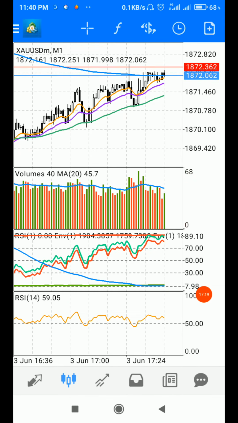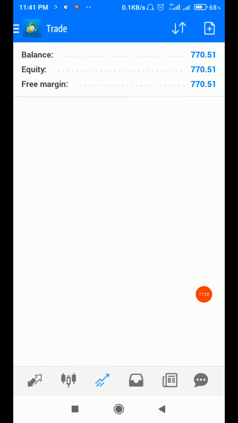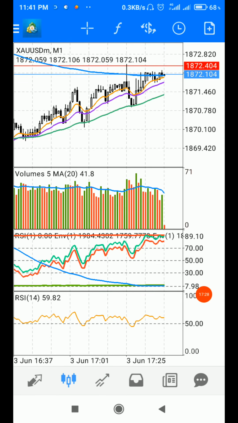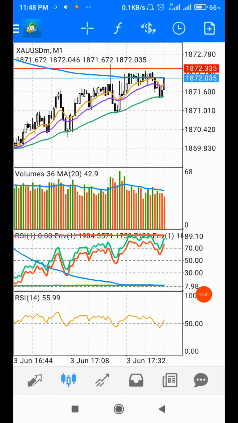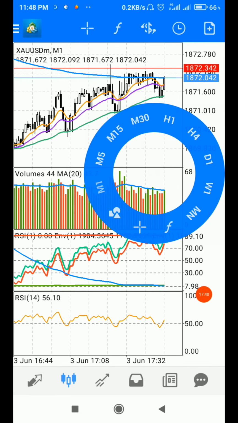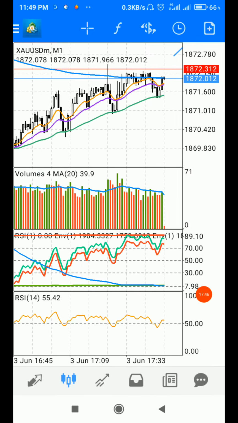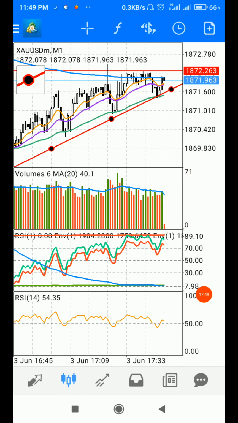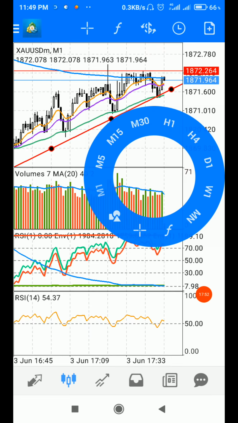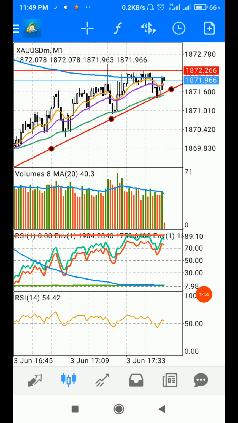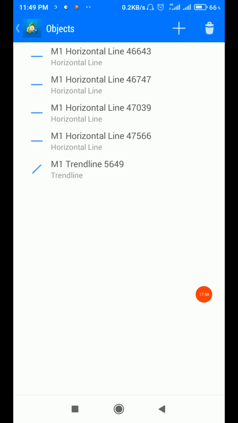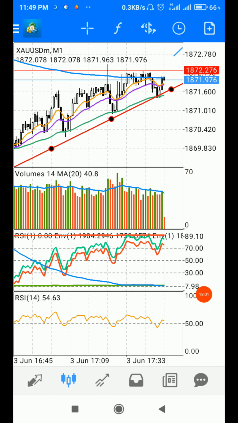After taking profits from my previous entries, I'm at $770. So I want to flip it much further. So let's see how to do it. So now if you see here, if we draw a trend line, here you see this line. I mean, if we, and you can see this line.